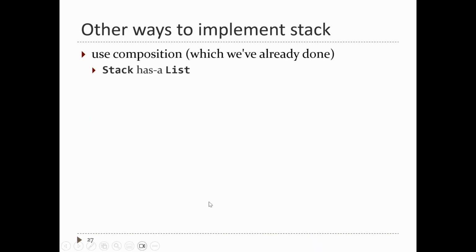So, how do you avoid inheritance? Well, one solution is to use composition instead. And so the very first implementation I showed you of a stack used composition. Rather than saying stack is a list, remember what composition means. Composition means stack has a list. Well, that's association. Stack owns a list. So that's composition.